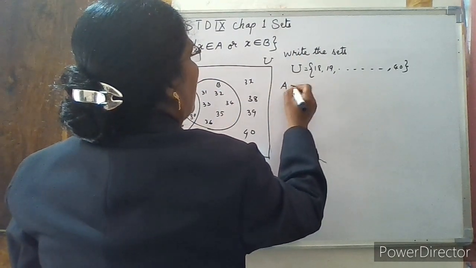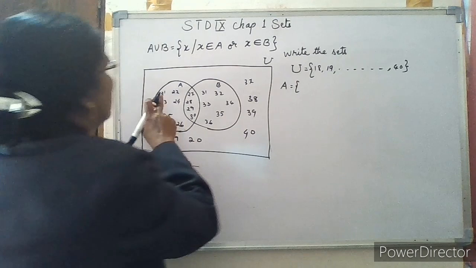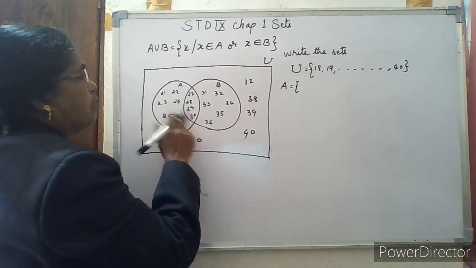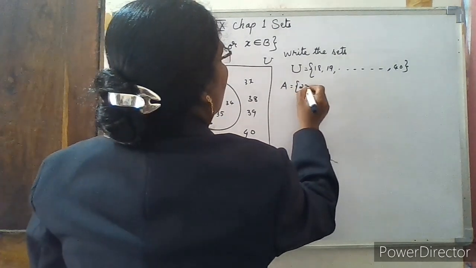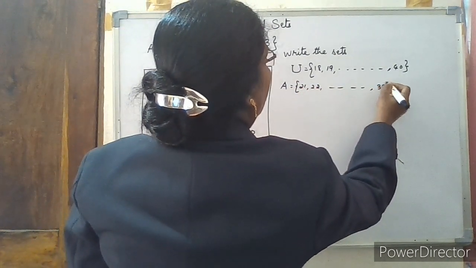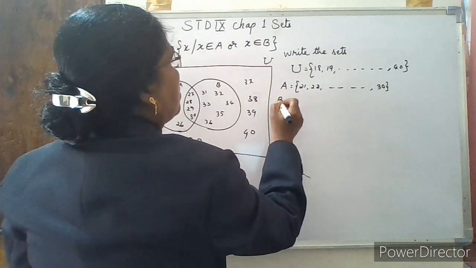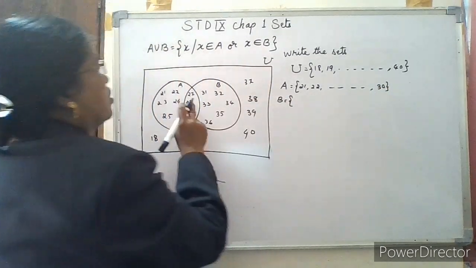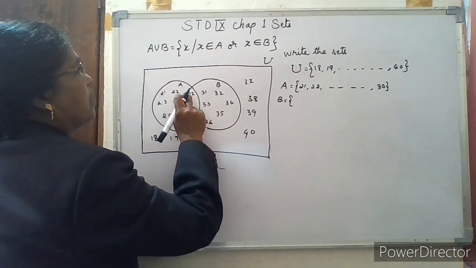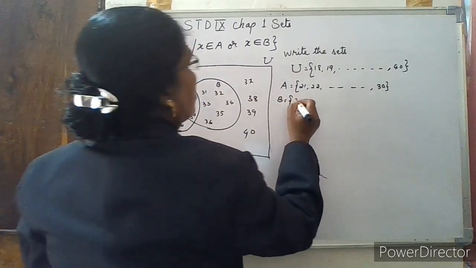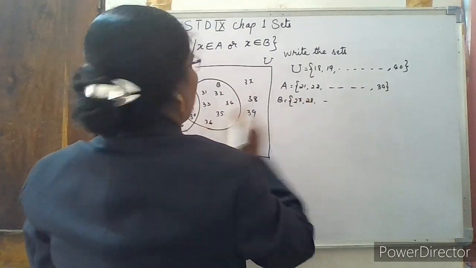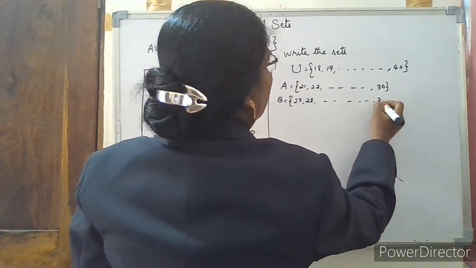Now set A: 21, 22, 23 up to the biggest number, which is 30. So 21, 22 and so on up to 30. Set B. The smallest one here in circle B is 27. Start from 27, 28 and so on up to 36.